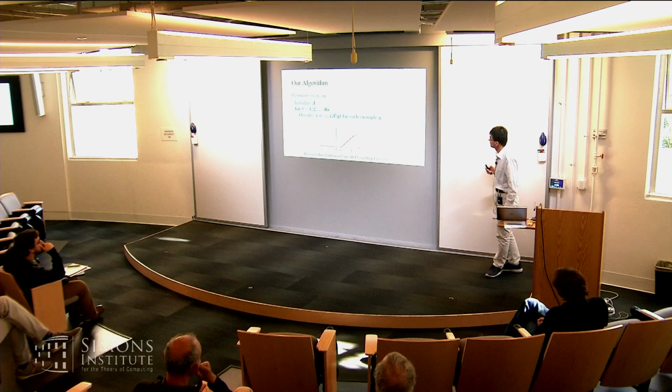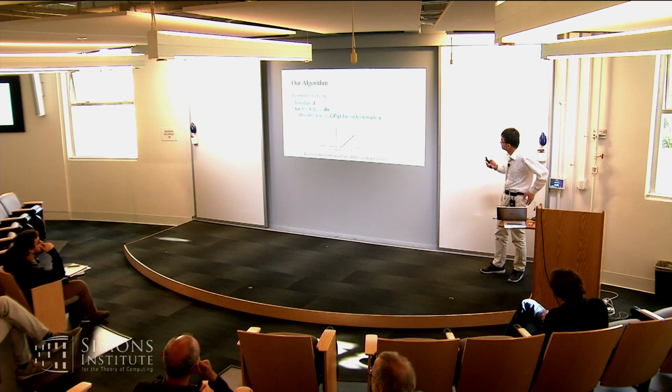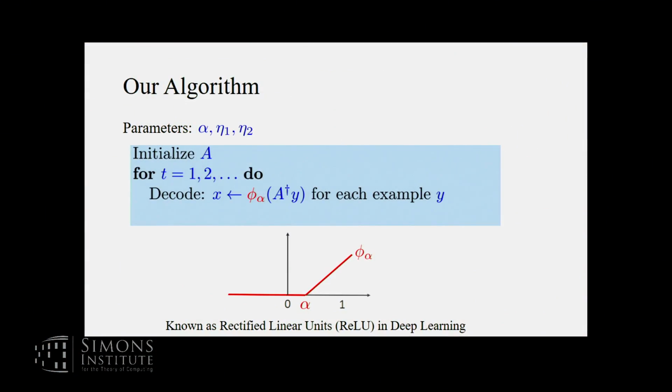Okay, let's continue. So this is our algorithm. We have some parameters that I will explain later, but basically it's just the alternating update. In the first step, we compute x. We call it decoding, just from computer vision literature.